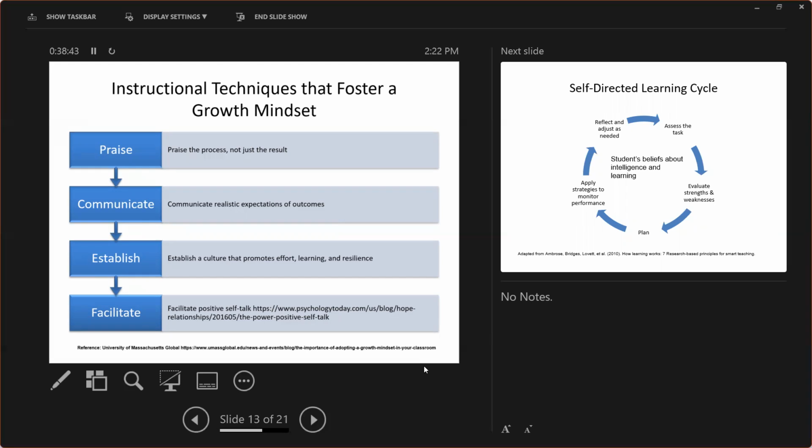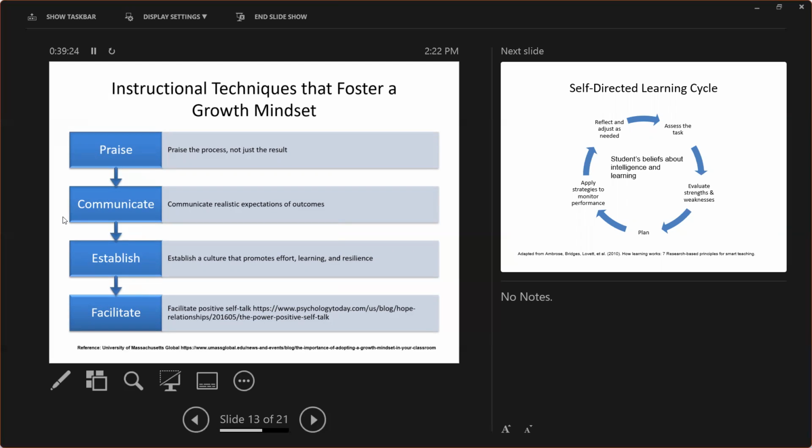But you're not waiting until the very end when they have their final assessment. And communicating realistic expectations of the outcomes is important. When you as the instructor communicate realistic expectations of outcomes, then students can see, okay, I'm expected to be able to correctly assess a person's blood pressure, or I am expected to correctly use this particular technology tool.